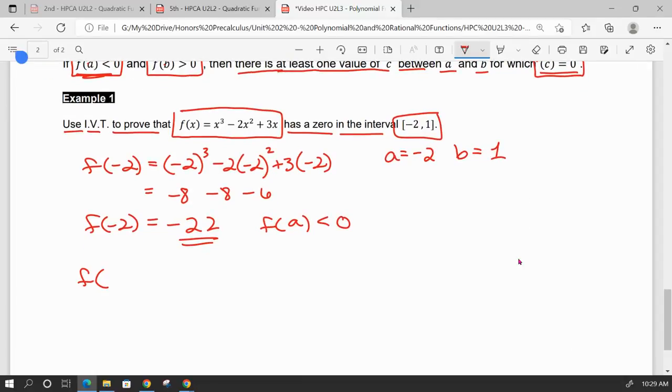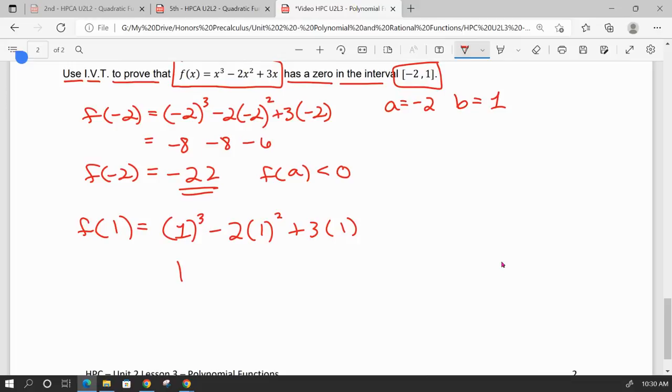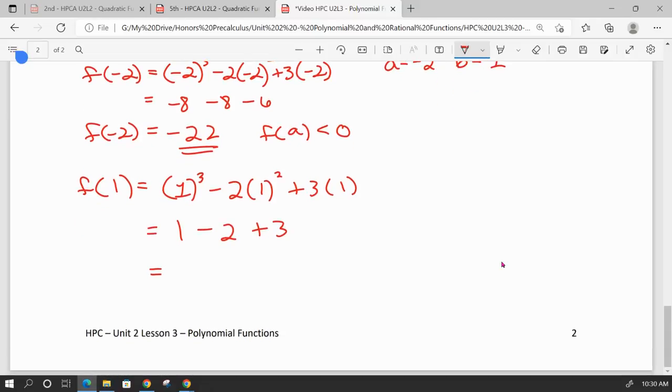If we substitute 1 into the function, and we simplify, we get 1 minus 2 plus 3, which ends up equaling 2. So f of 1 equals 2. So that fulfills the second part of the theorem, that f of b is greater than 0. So this is positive.